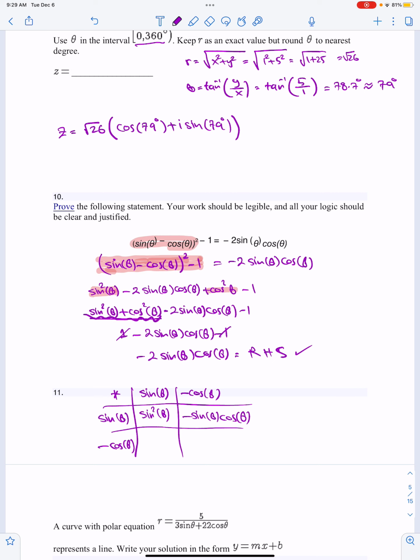Negative cosine times sine is negative sine theta cosine theta. And then the last one, negative times negative cosine is positive cosine squared theta. So you can immediately see that sine squared plus cosine squared, and then -2 sine theta cosine theta, which is exactly this term. And then -1 from the left-hand side, and then you finish the proof.